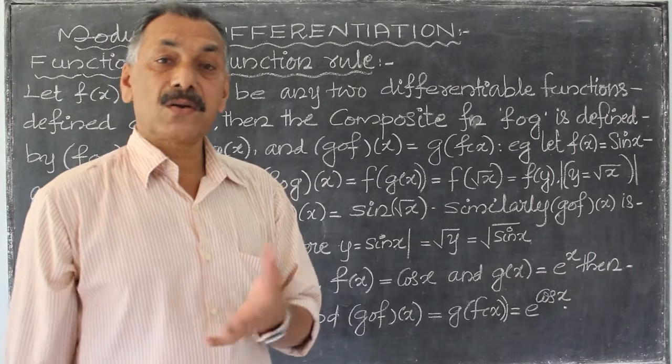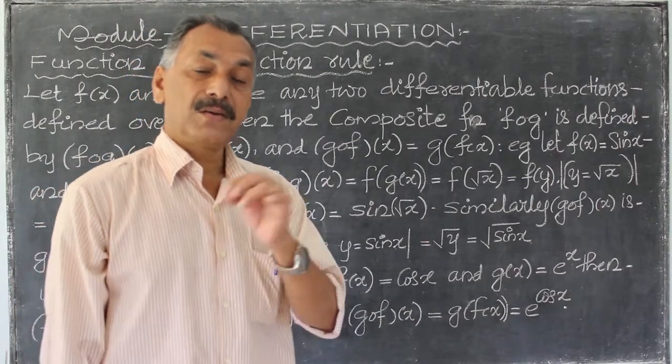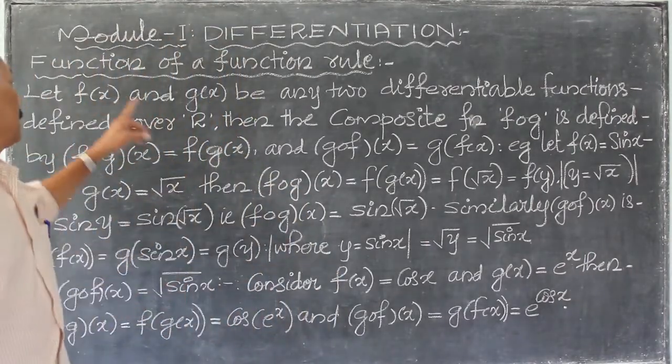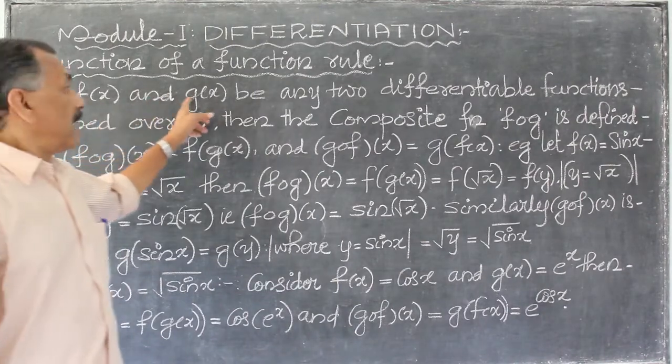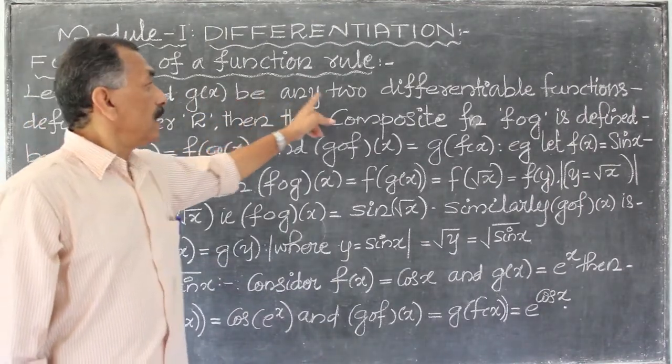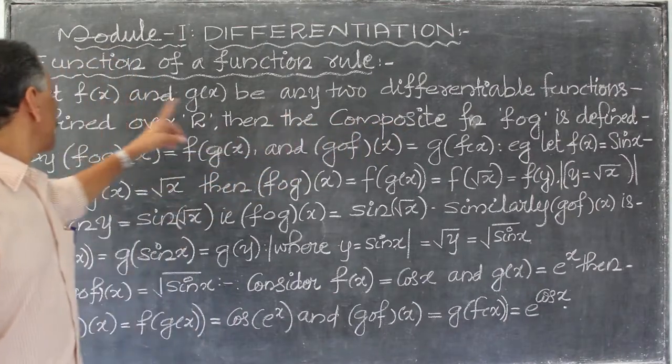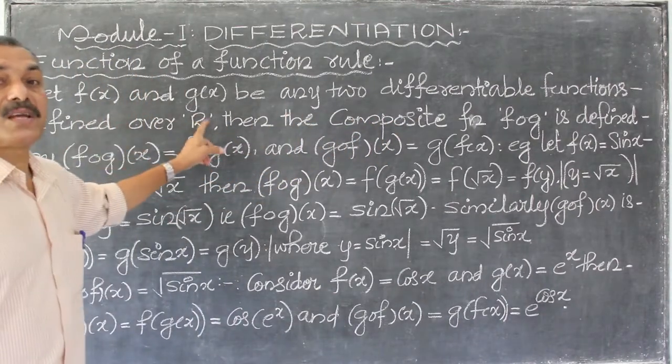What is composition or composite functions? We consider this example. Let f of x and g of x be any two differentiable functions defined over the set of real numbers.